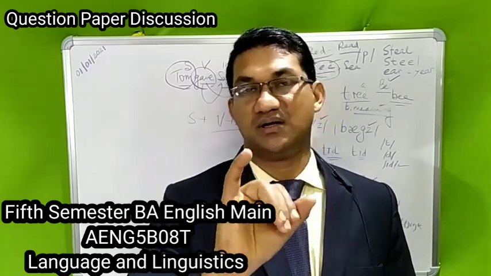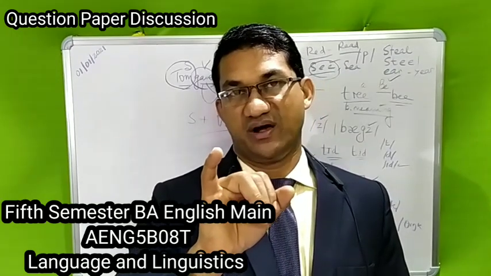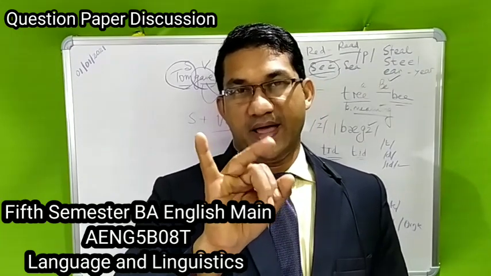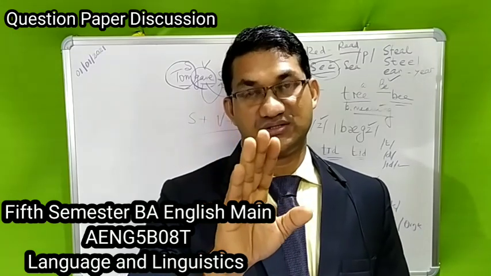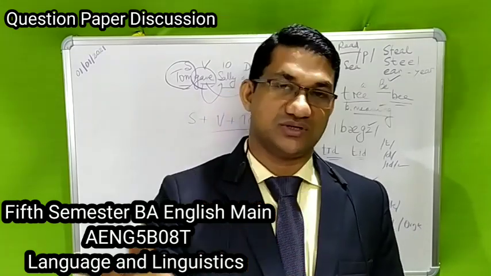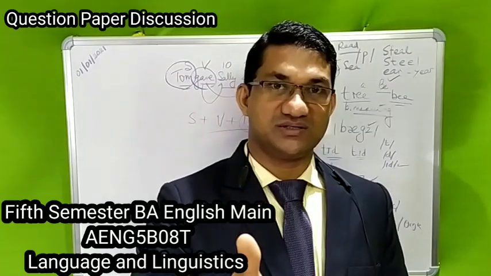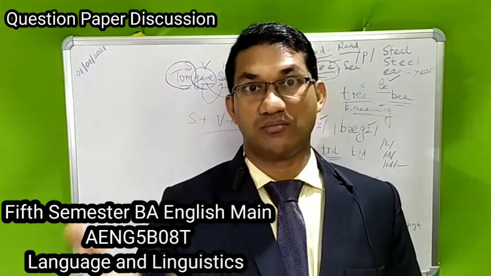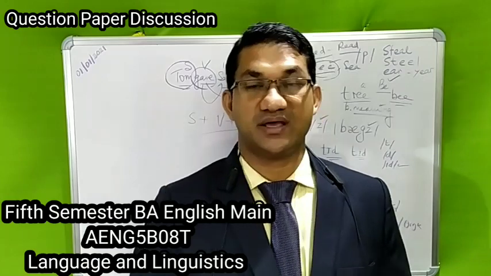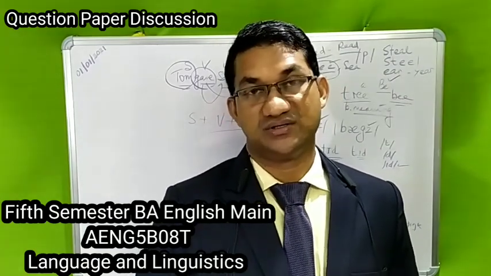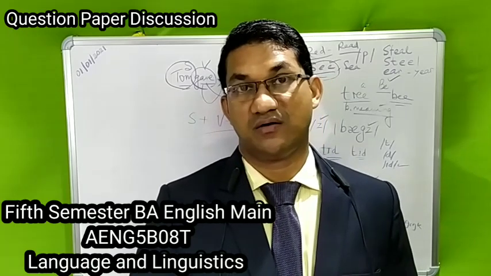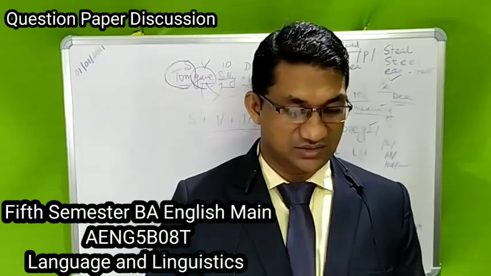Besides that, we have statements, exclamations, imperatives and interrogations. So just write about simple sentences, complex sentences, compound sentences, compound-complex sentences, and all the four types like assertive sentence, declarative sentence, imperative sentence, exclamatory sentence, and of course interrogative sentences.